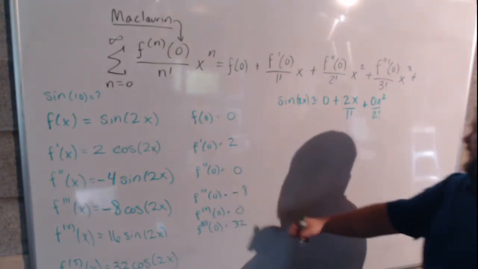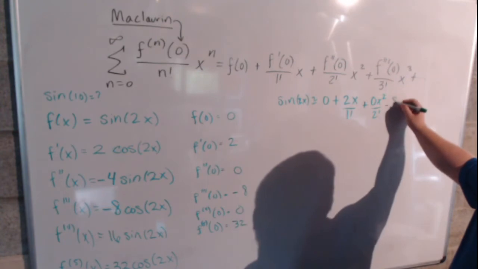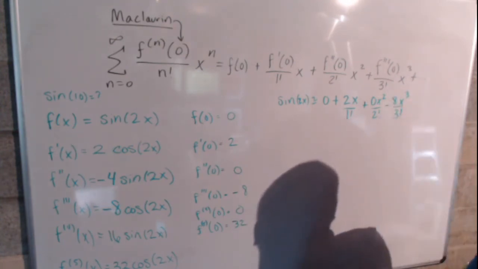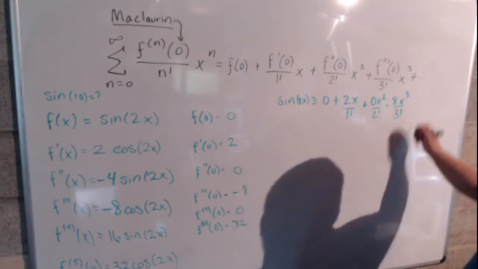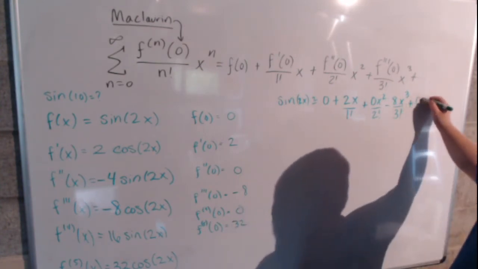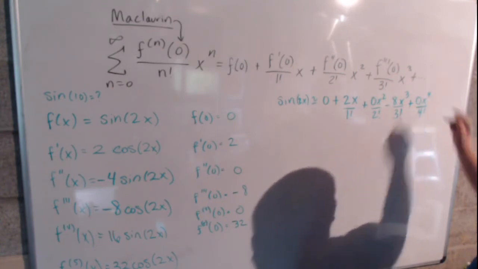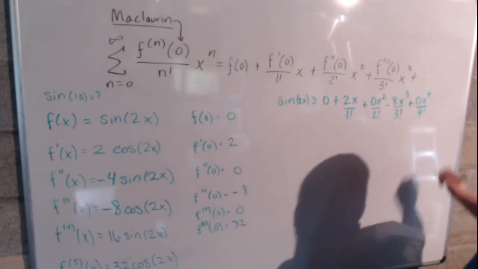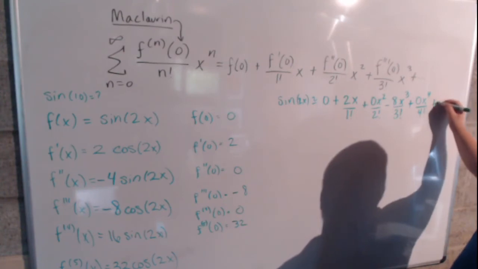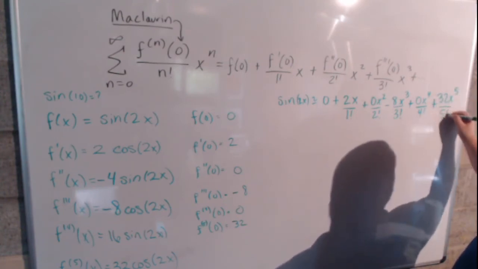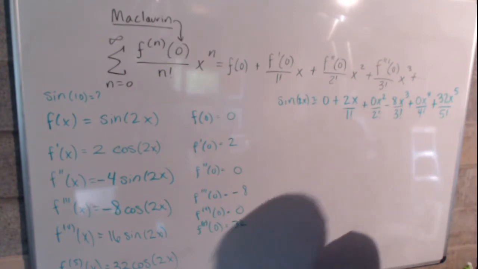Third derivative is -8 x cubed over 3 factorial. The fourth is 0 yet again, so the x to the fourth is going to disappear. And then finally, 32x to the fifth over 5 factorial.